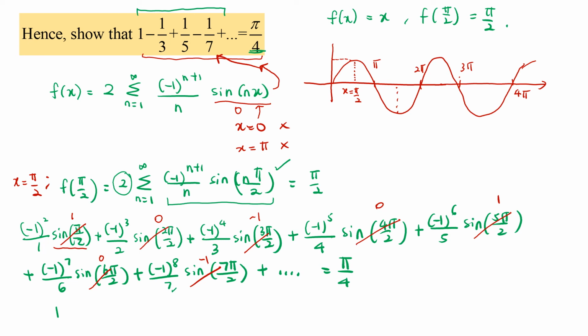The third part is 1 over 3 times negative 1, so we get negative 1 over 3, and then this one is equal to 0. Next is plus 1 over 5, negative 1 over 7, plus and so on, where this is equal to pi over 4. So it is shown that when you choose x equals pi over 2, the sum of the series will be equal to pi over 4.